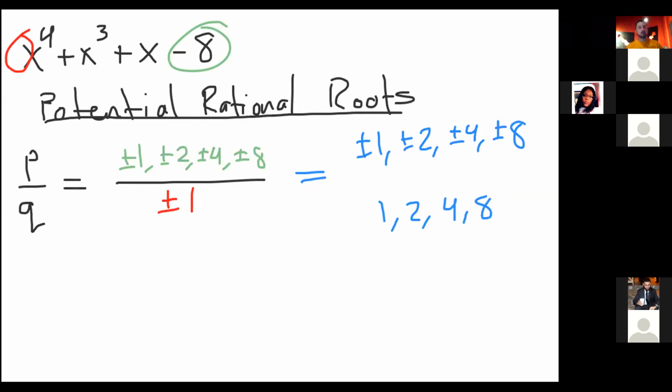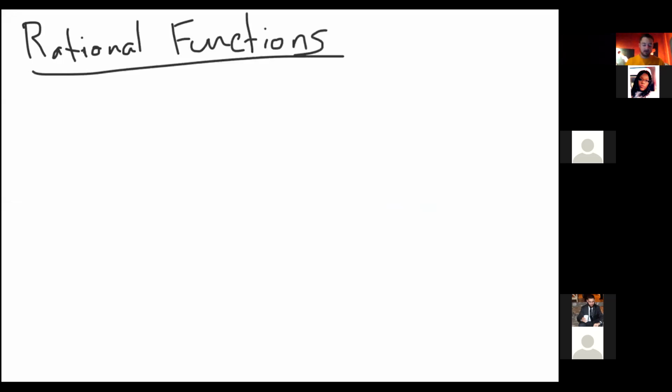All right, so today we're going to be talking about rational functions. Rational functions are just a polynomial divided by a polynomial. That's what we mean by a rational function.